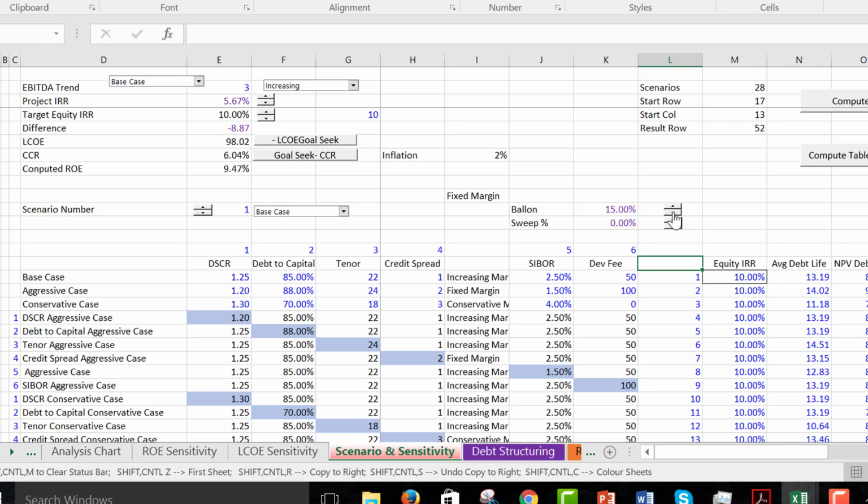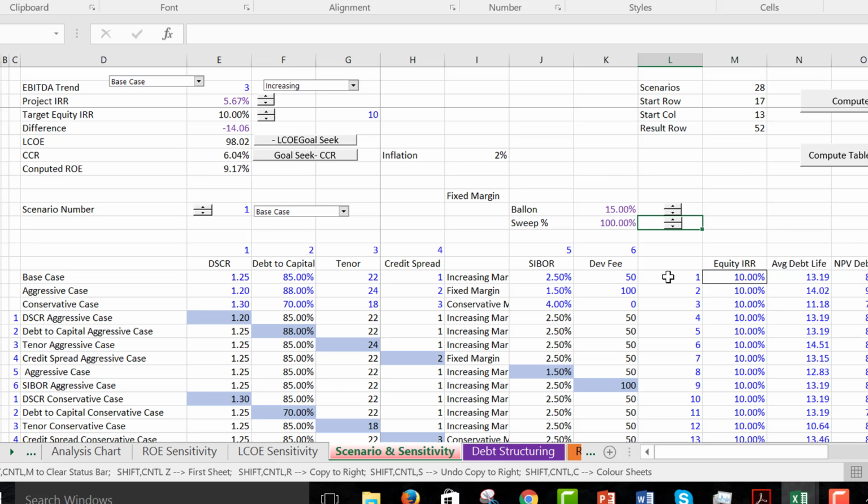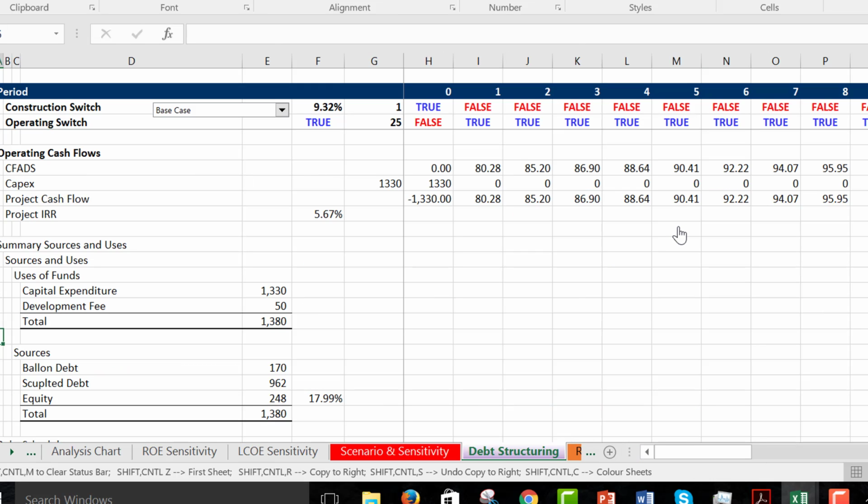Now, I did not do something. I'm going to put 100% sweep. I did not put in, we could have made it different. Let's make it 50%. Let's make it a little more interesting. I did not put an interest income on that balloon payment. And that's another circular reference.